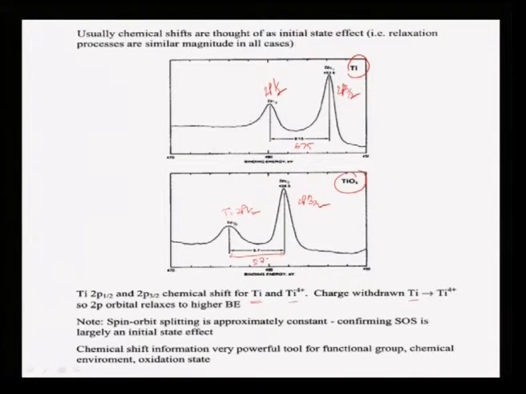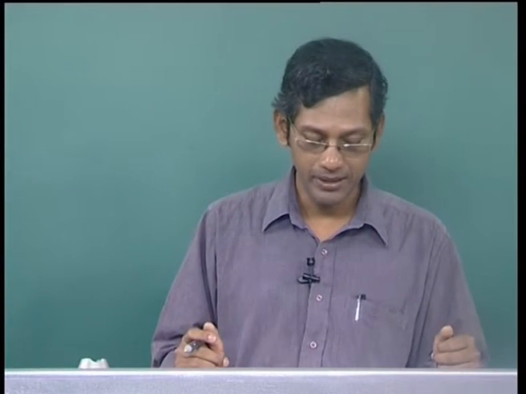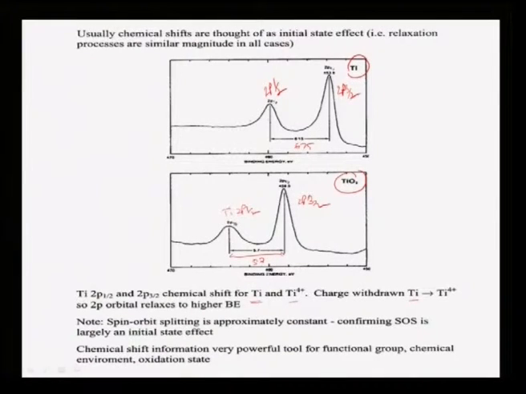So the spin orbit splitting of these two p levels, 2p 1/2 and 2p 3/2, has reduced. This is, like I say, a very powerful tool for chemical information on functional groups and oxidation states.